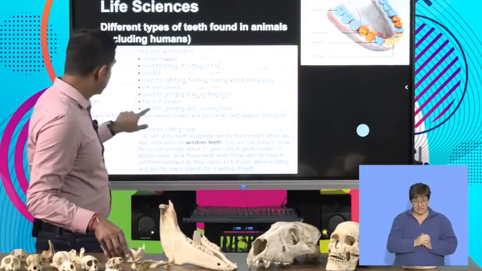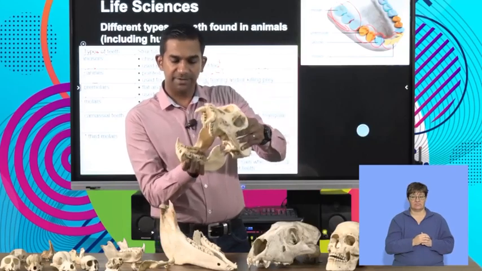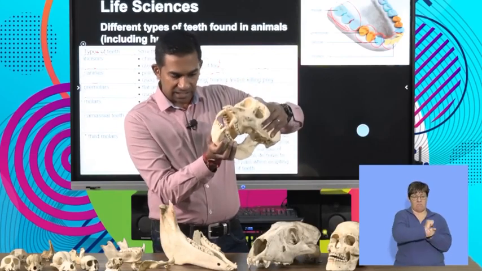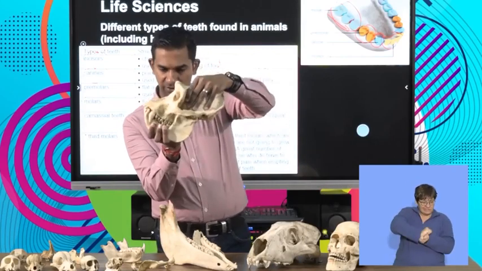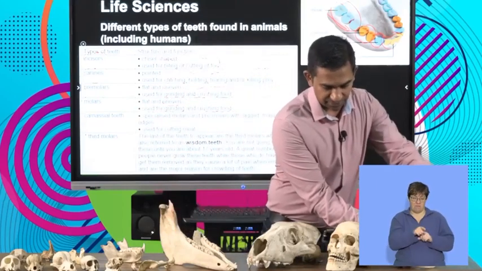These teeth are flat, with uneven surfaces. They're used for grinding and crushing their food. And if you look at that in the larger predators, you can see that they've got large molars, again allowing them to grind and crush, especially the bone structure in their prey.